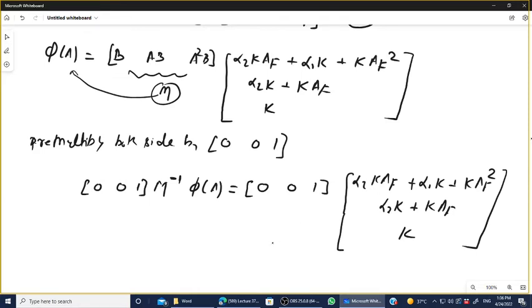So once you multiply it, you will get simply K, and it is the target.